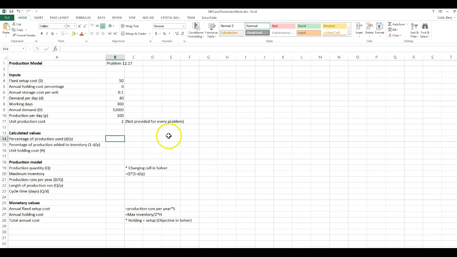So the percentage of production that's immediately used to satisfy demand is 40 divided by 100, 40%. The percentage of production that's added to inventory is 1 minus 40%, or 60%.